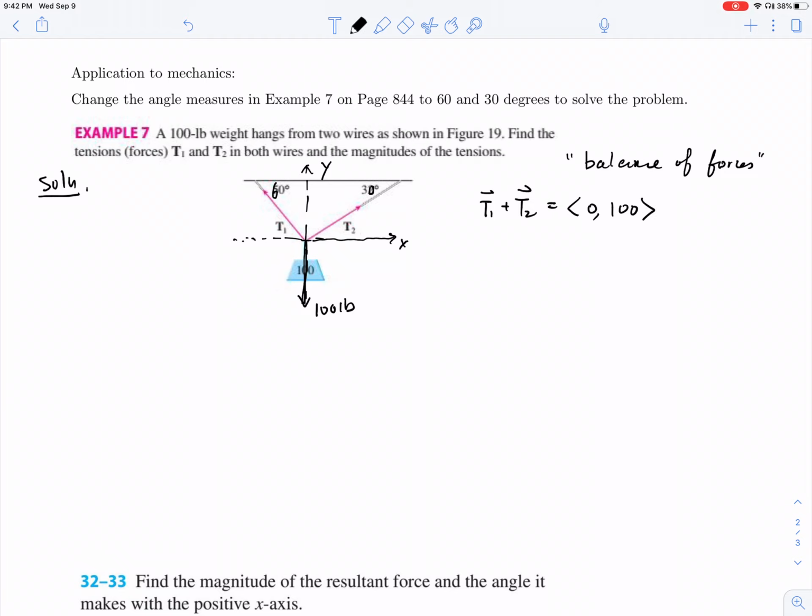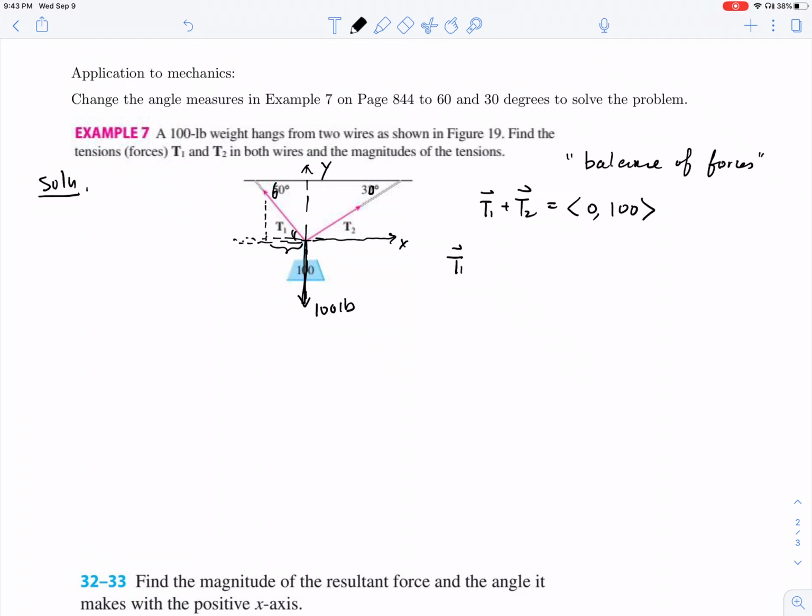Okay. Now T1, T2, they have two components. For T1, if we know the hypotenuse, then this angle over here is also 60 degrees. So we will see this is 30 degrees, but it doesn't look that way, but that's okay. If we want to find this component, then this is cosine.